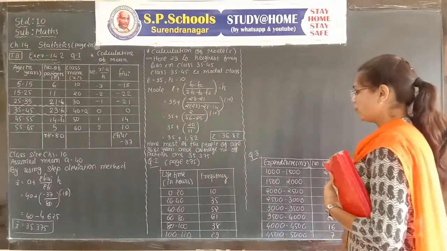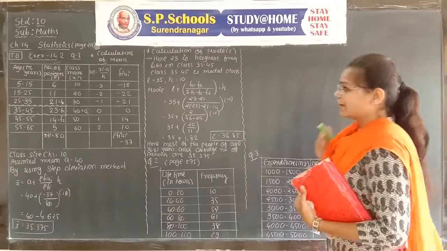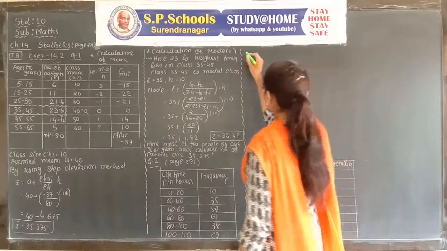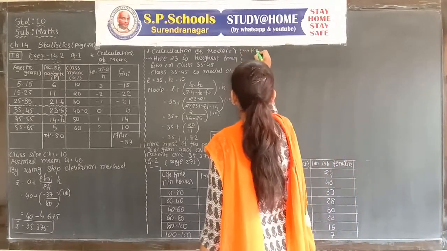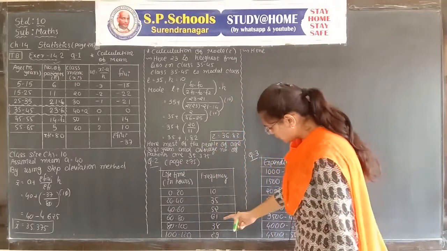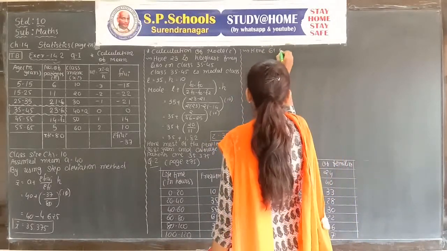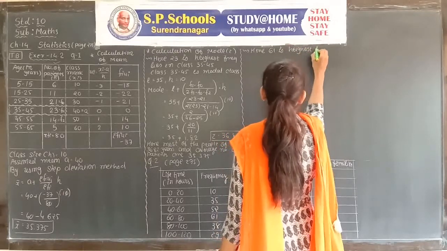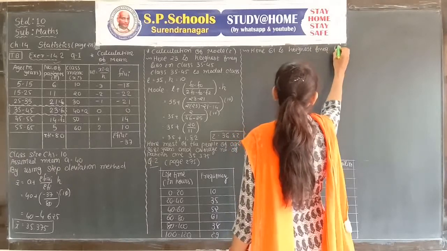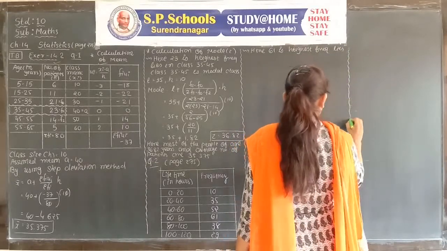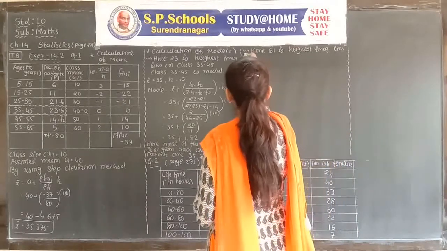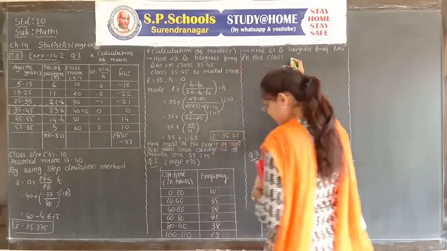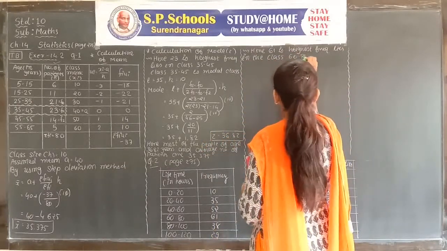Here the table is obtained, for obtaining the values of F0, F1 and F2. First of all we decide the highest frequency. Here the highest frequency is 61. 61 is the highest frequency, which lies in the class 60 to 80.